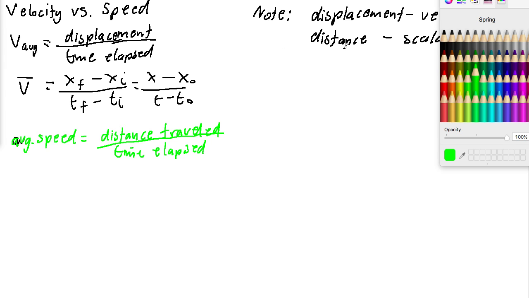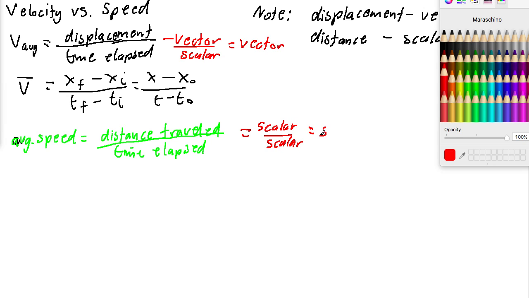So the average velocity will be a vector, because a vector divided by a scalar times a scalar will always give us a vector. And here for speed, a scalar divided by a scalar gives us a scalar as well. So average speed is a scalar.